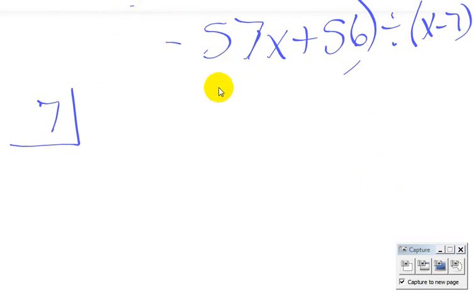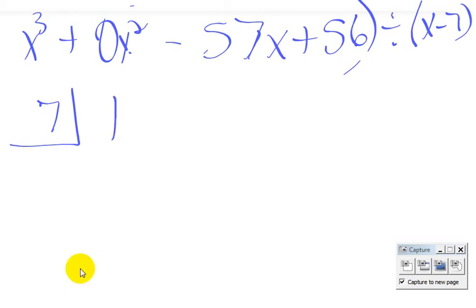All right. So we've got our x. We're missing our 0x squared. And what was the first term? I just erased it. It was just x cubed. So we're going to have x cubed plus 0x squared minus 57x plus 56. Right? So now let's repeat the process. You guys should be experts now. So actually, I'm just going to let you add it.